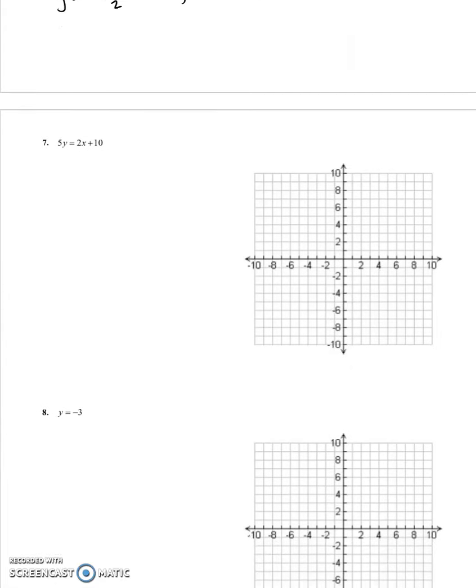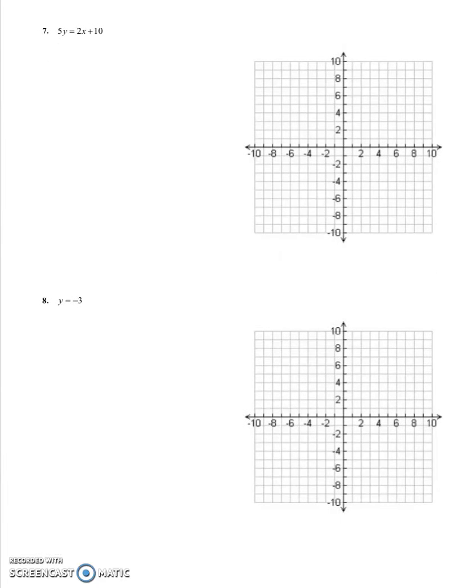So I'm scrolling to the next page now. So we have 5y equals 2x plus 10, and we need to find the intercepts. For the x-intercept, remember we let y be 0. So we have 5 times 0 equals 2x plus 10. 0 then equals 2x plus 10.